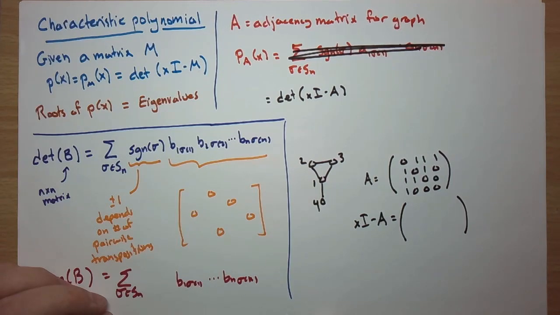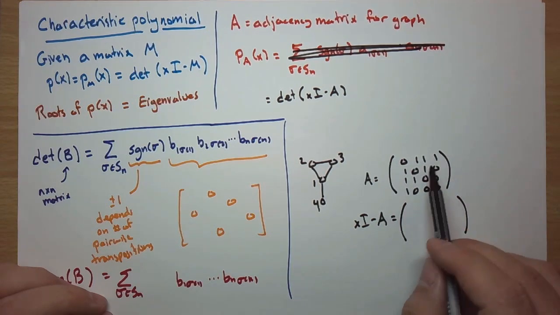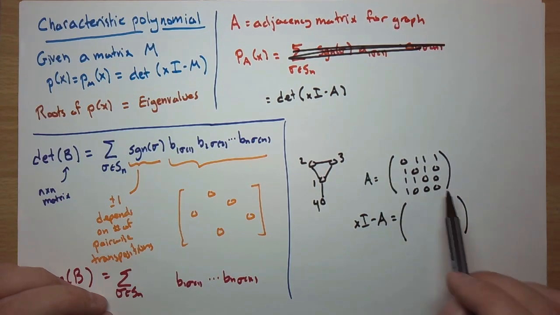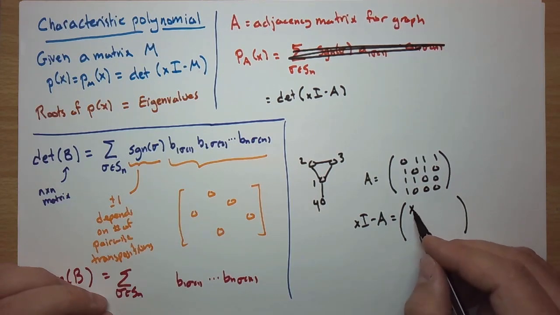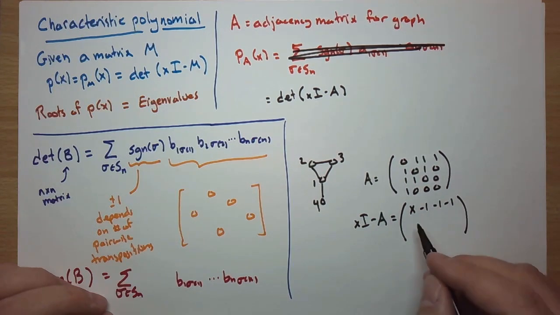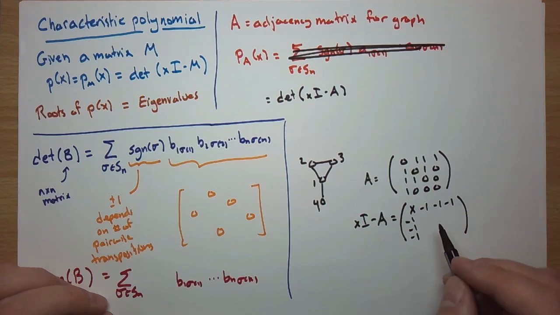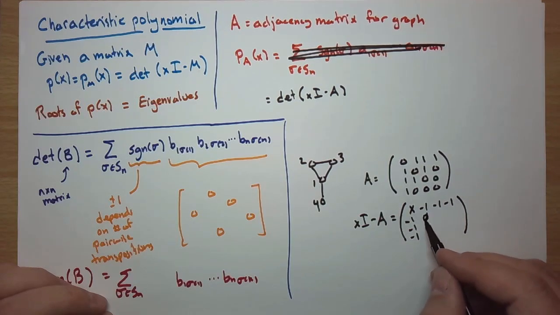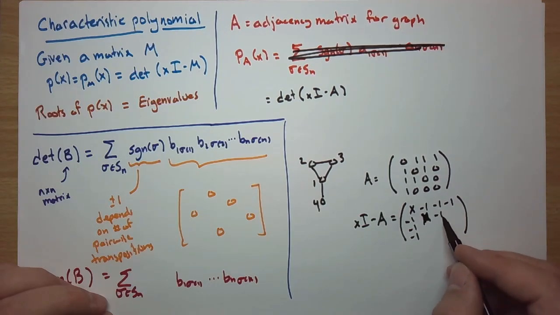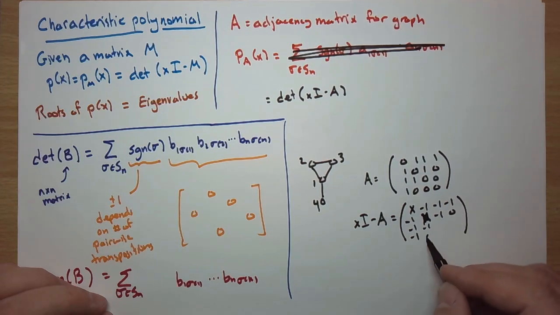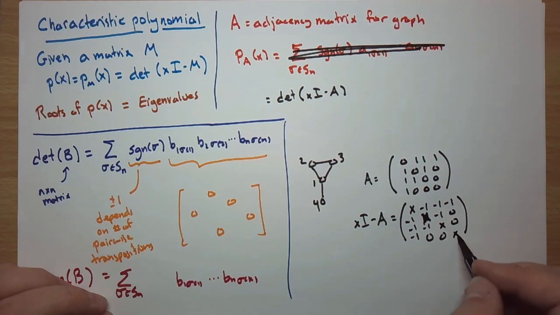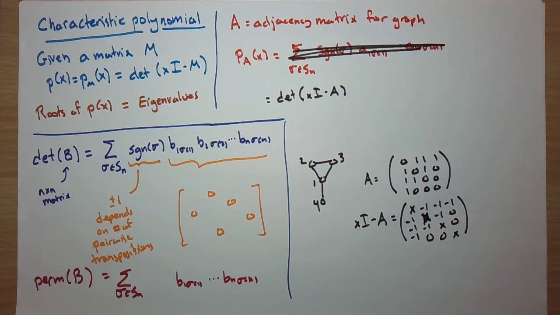Off diagonal we'll have negatives, and the diagonal will be x's. So x, minus 1, minus 1, 0; minus 1, x, 0, 0; x, 0, 0, x. All right, so that's our determinant.